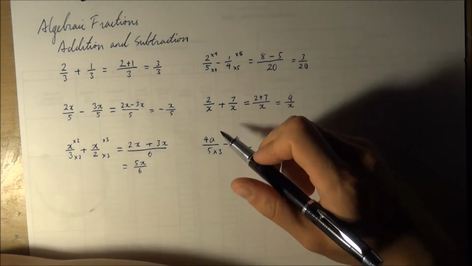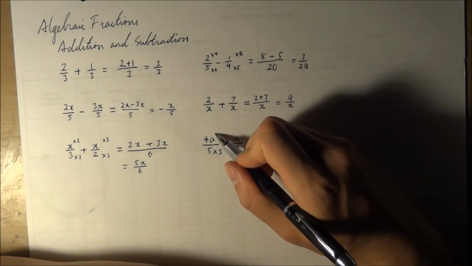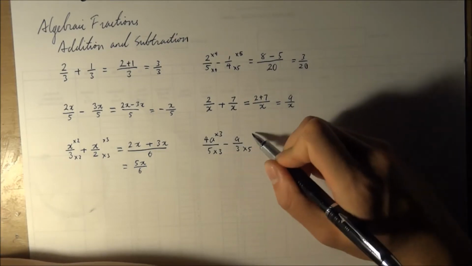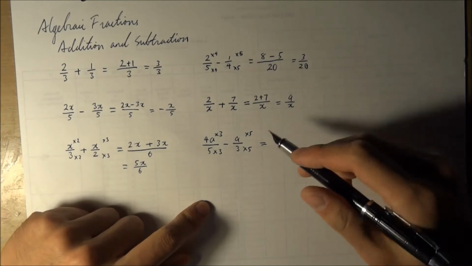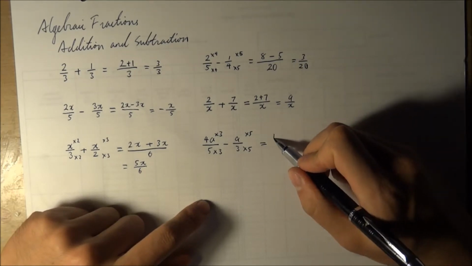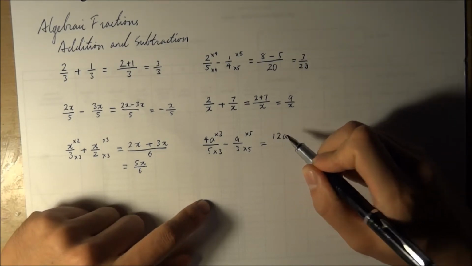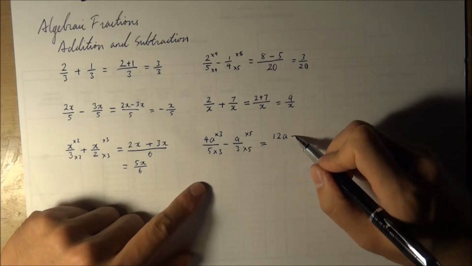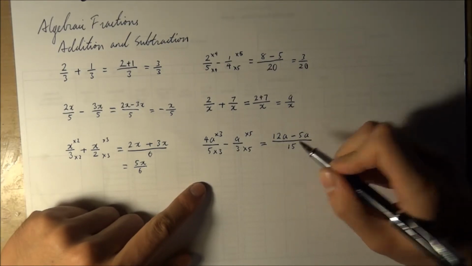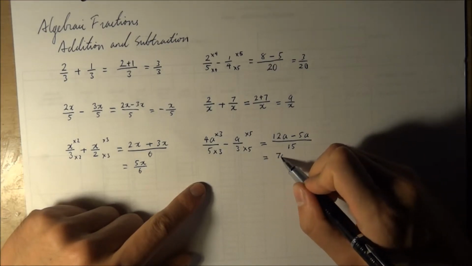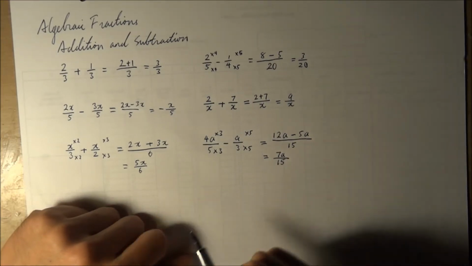Whatever we do to the denominators, we have to do to the numerators once again. So 3 times 4a gives us 12a, minus 5a over 15, which gives us 7a over 15.